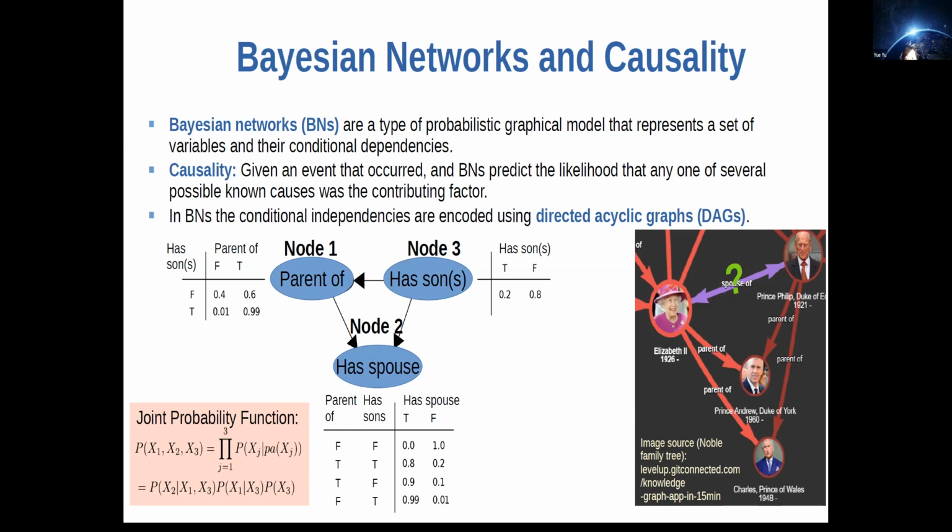So this is an example where we have a knowledge graph for the royal family. Firstly, what is a knowledge graph? Intuitively, a knowledge graph represents knowledge. In this graph, each node is an entity; here, each node is a member of the royal family, and each edge represents the relation between them.